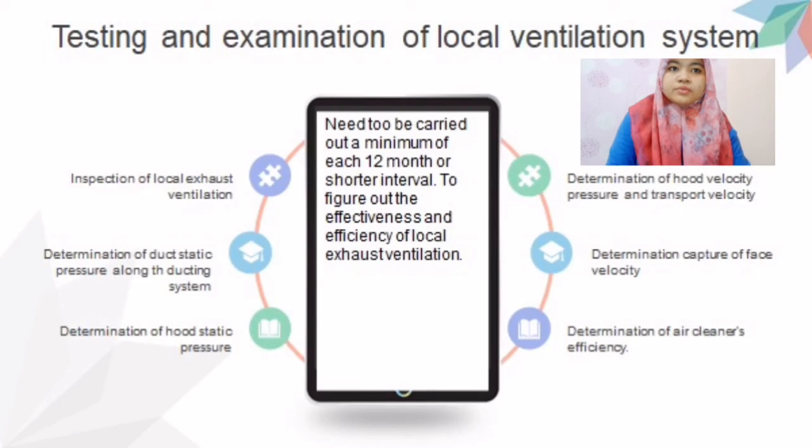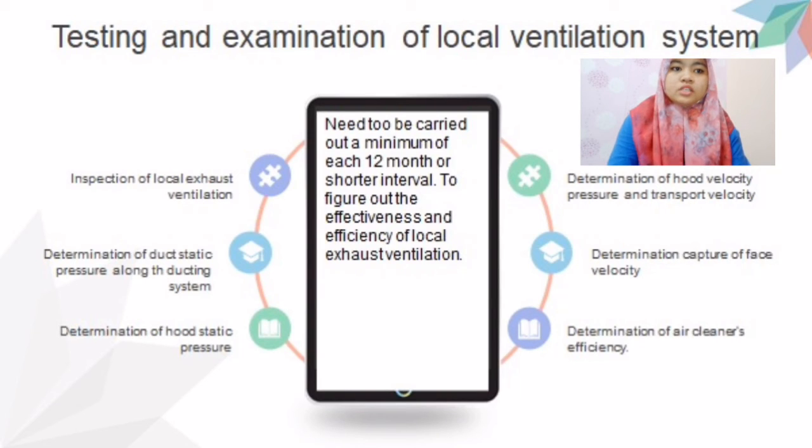Next, we go to the testing and examination of the local exhaust ventilation system, which needs to be carried out a minimum of every 12 months or at a shorter interval as specified by the designer. It is to figure out the effectiveness and efficiency of the local exhaust ventilation.